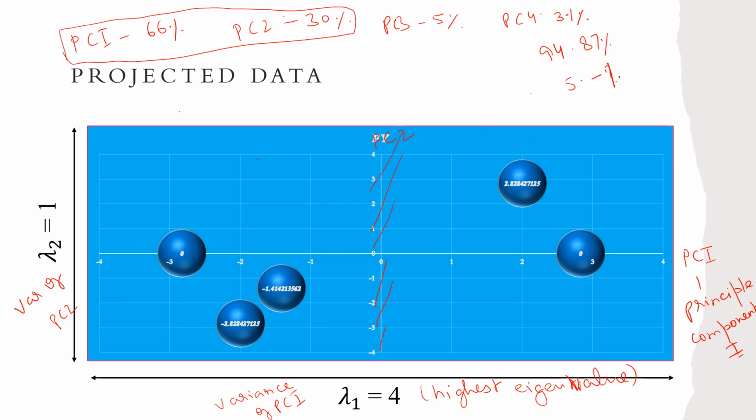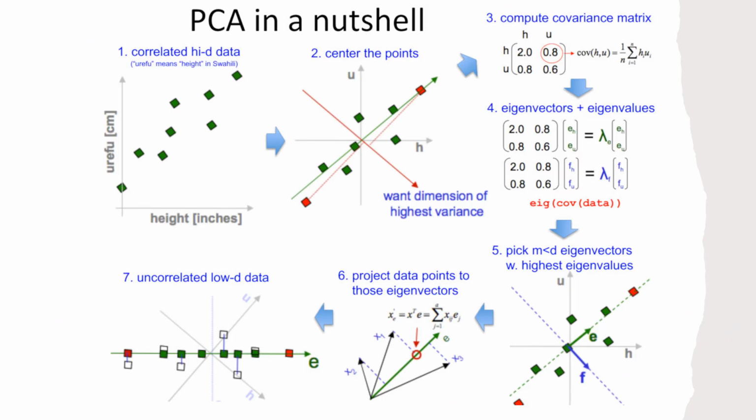For compression, we leave out PC3 and PC4 and keep only the higher principal components so that I retain maximum information and lose a minimum of it. That is how data is reduced in principal component analysis.